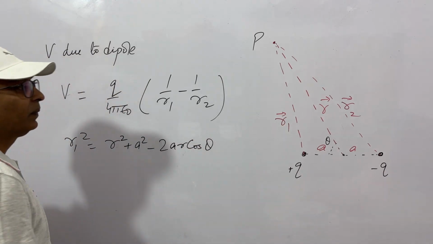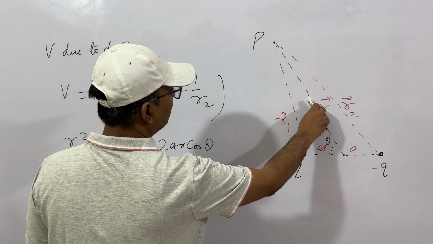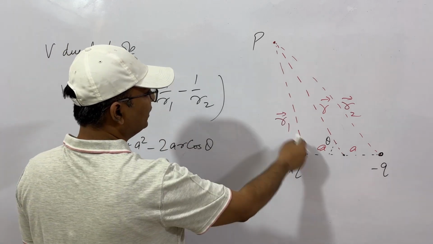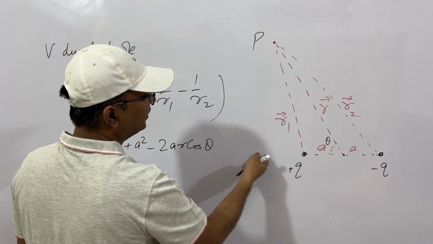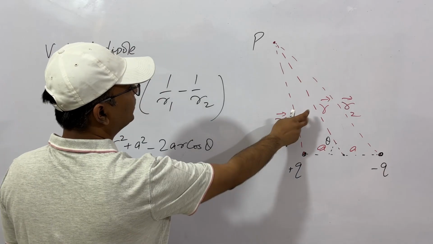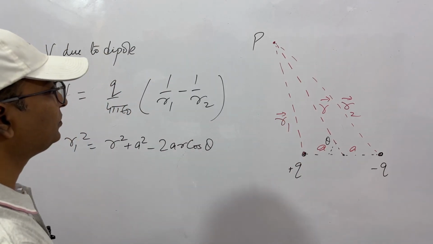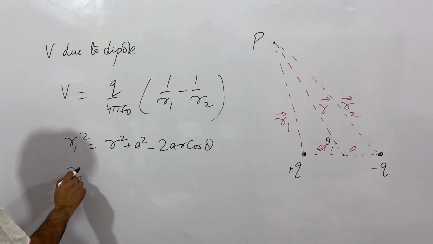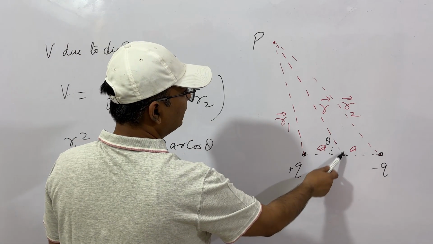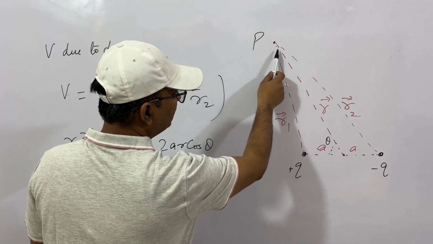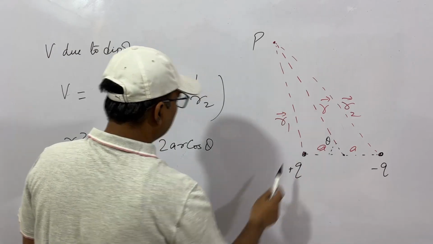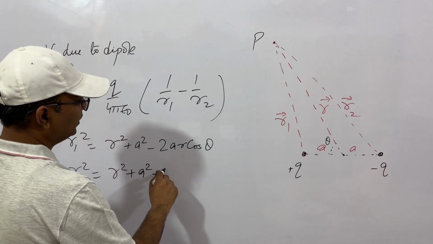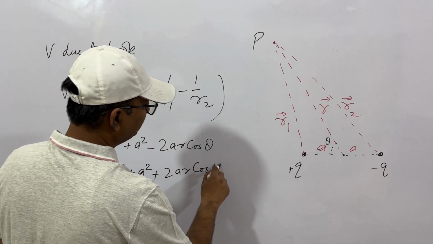Why? Because R is the hypotenuse, though not hypotenuse because this is not a right angle triangle, but you can resolve it by dropping a perpendicular and then you can see what is the value of this line. Now R2 square, here you'll have to drop a perpendicular for R. So if you resolve it, it will be R square plus A square plus 2AR cos theta.